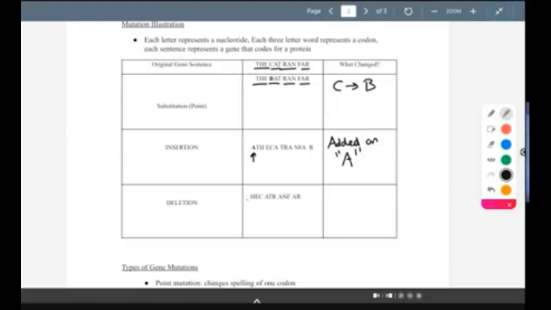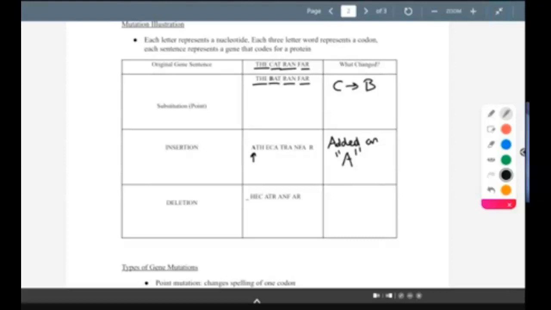When you add an extra letter to a DNA sentence, remember, it always groups the letters together in groups of 3. That's what a codon is. It's never 2, it's never 1, it's never 4, it's always 3. And so look what happened. We've now changed the grouping, okay? And so now the first word was supposed to be the, but now the first word is at.